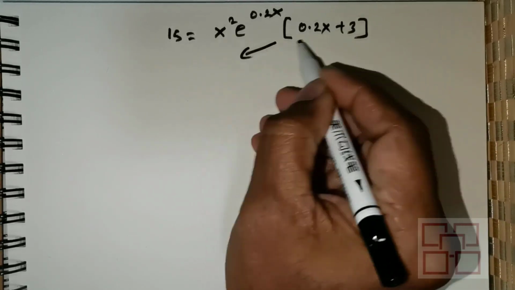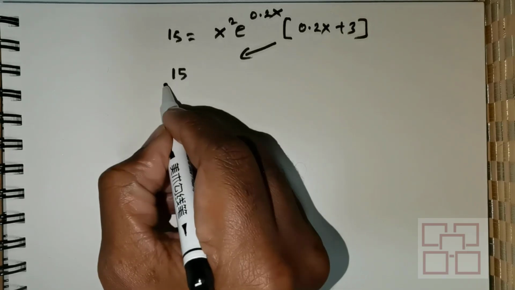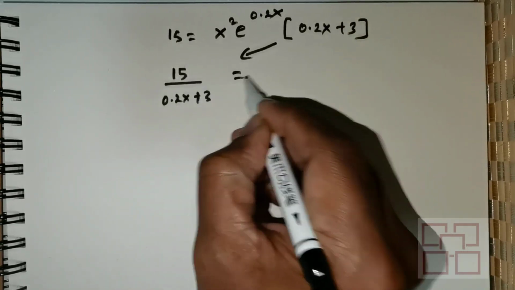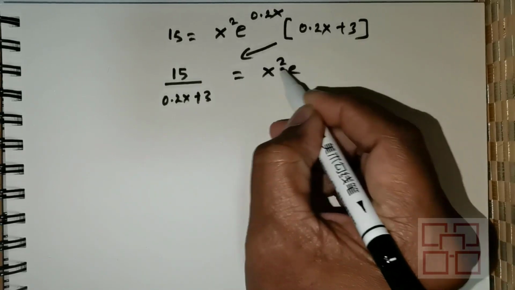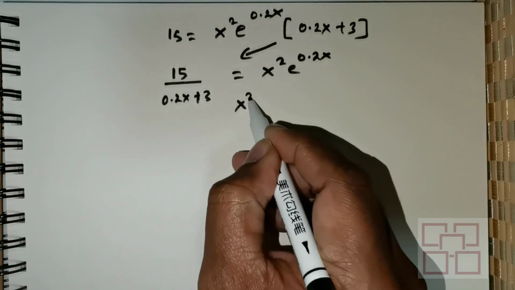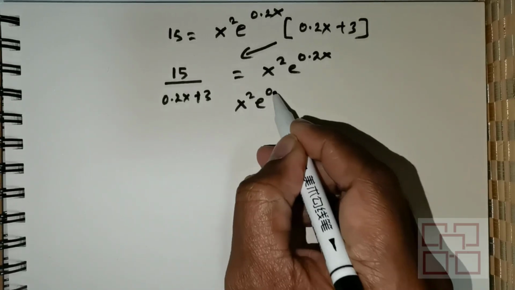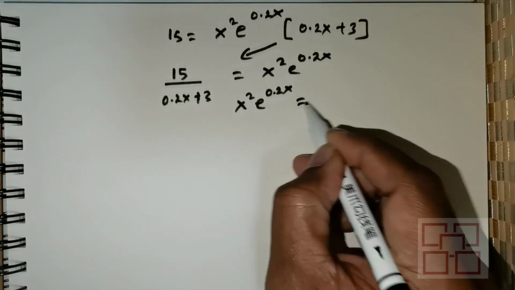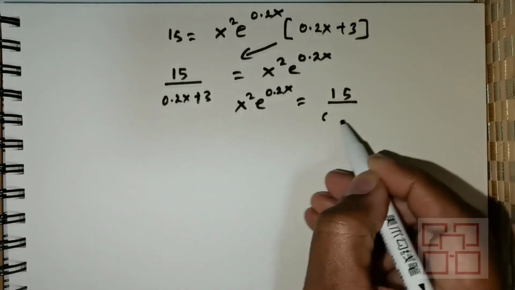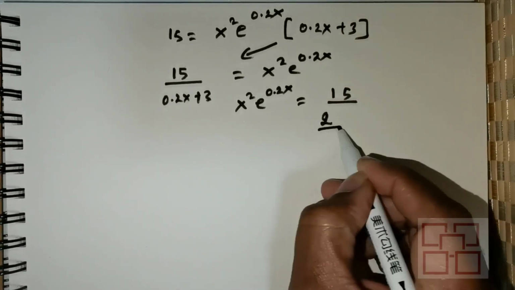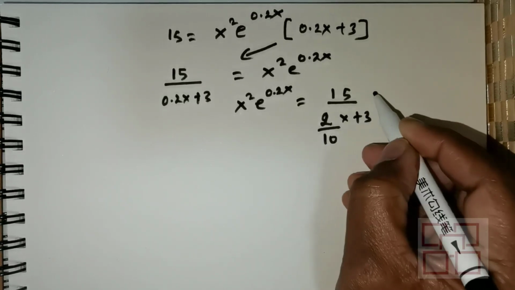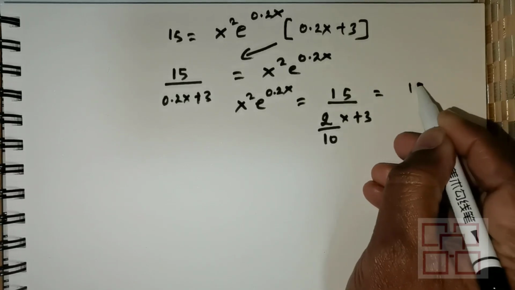I want to bring this down. So this would be 15 divided by 0.2 times x plus 3 is equal to x squared times e raised to the power 0.2 times x. I can rewrite 0.2 as 2 divided by 10, so this is 15 divided by 2 over 10 times x plus 3.